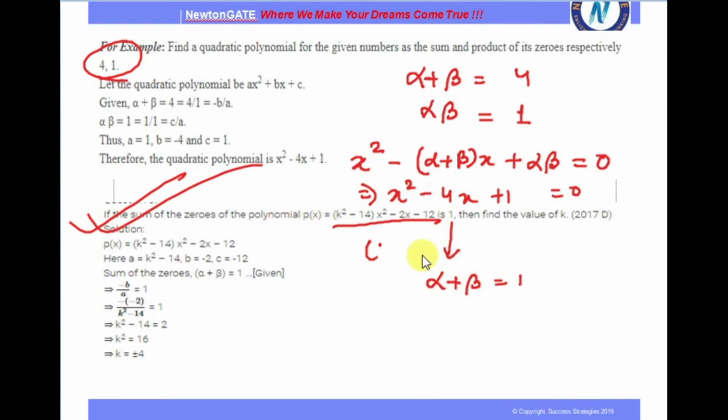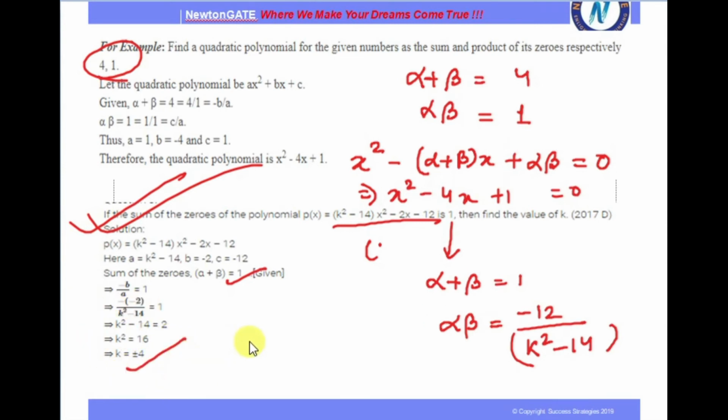The product of the zeros is alpha beta, and that is minus 12 by k square minus 14. Now minus b by a: what is b? So we have put minus b, and k square minus 14 is equal to 1. Now solving it, we get k equal to plus minus 4.